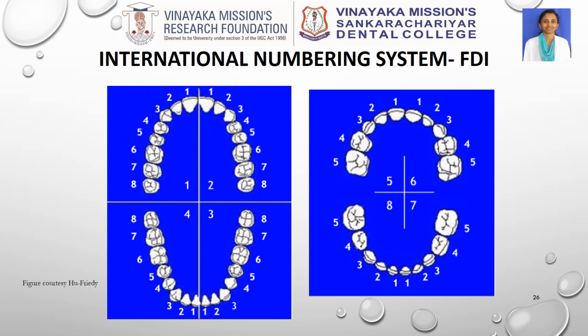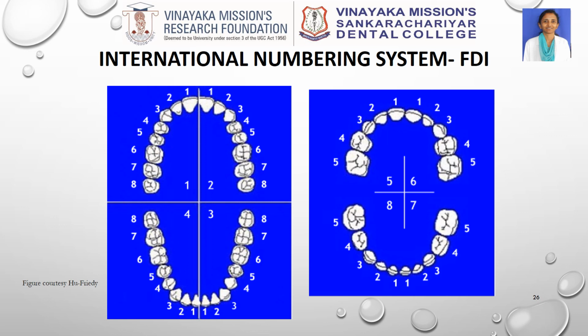And this is the International Numbering System, or FDI. Now there is a square, there is a vertical line and a horizontal line, and you can see that 1, 2, 3, 4, these are the quadrants. And here in the deciduous system, you can see that it is 5, 6, 7, 8. That is the quadrant number. So when you are representing one tooth, the quadrant number will come first and the tooth number will come second.